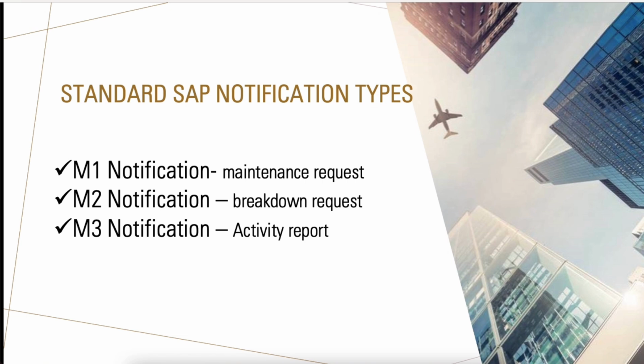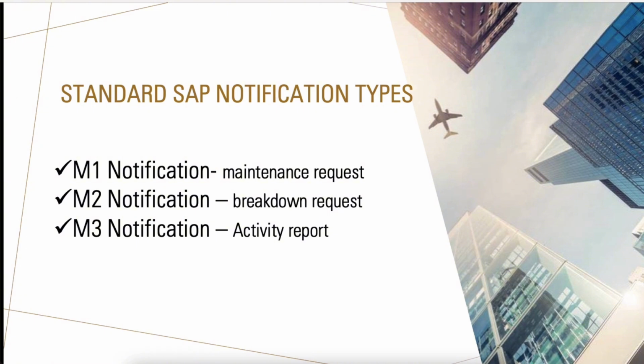You could even find out that you might not see this M3 notification type in your list. That is because your notification has been configured based on what the particular business you work with wants as a requirement. So the notification type creation is not rigid. It is very flexible. We can determine what type of notification we want to create based on what the business wants.